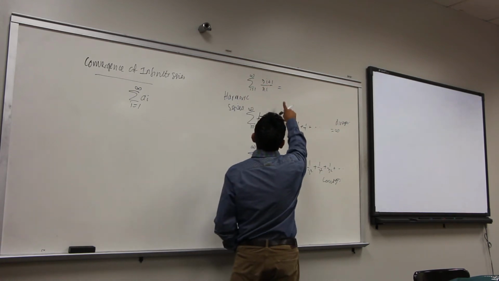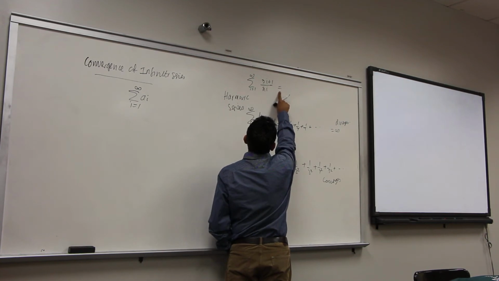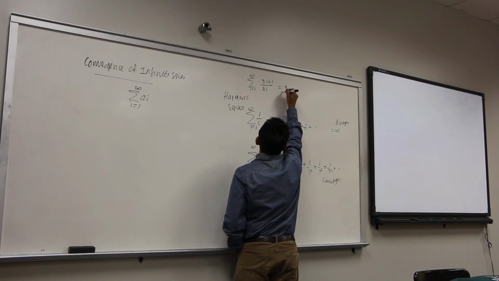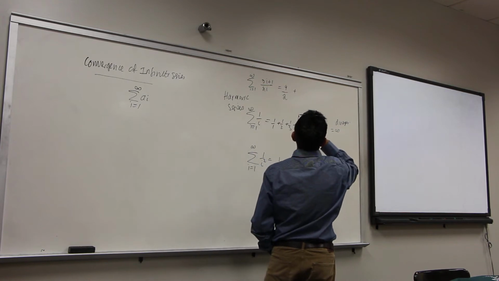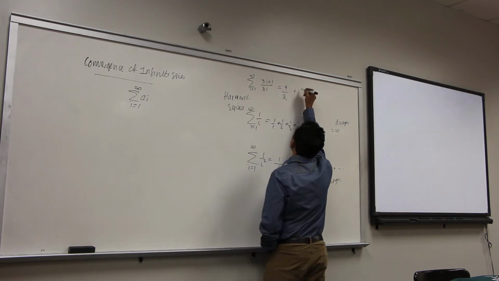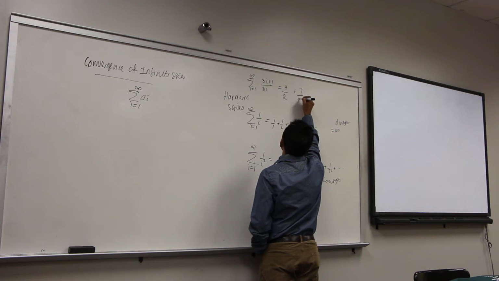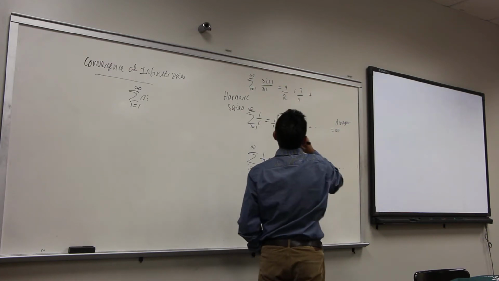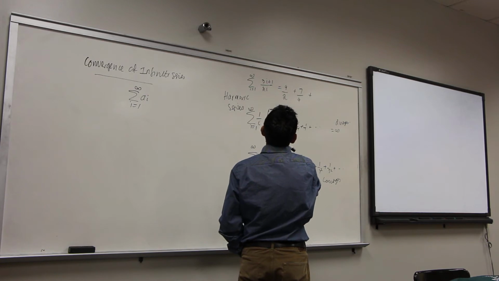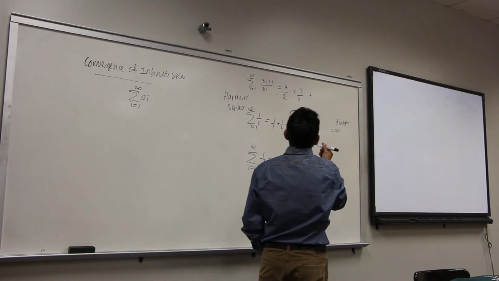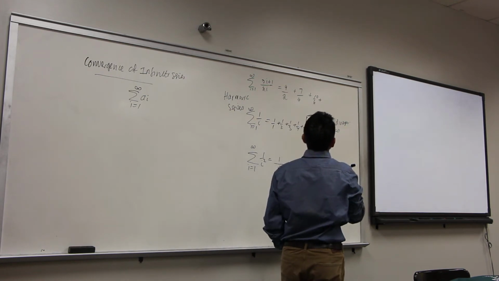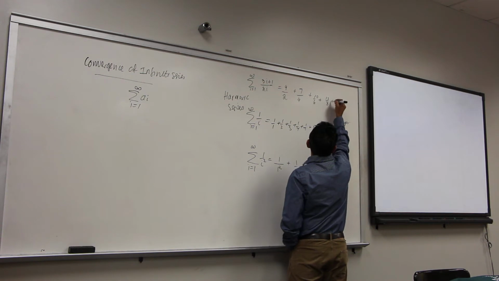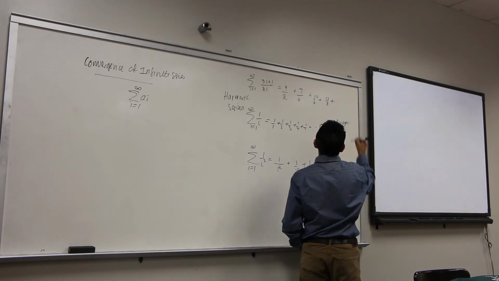Well, what's the first term? 3 plus 1 over 2, 4 over 2. 2, and the next one? 7 over 4. And the next one? 10 over 6. And the next one? 13 over 8. And the next one? 16 over 10.